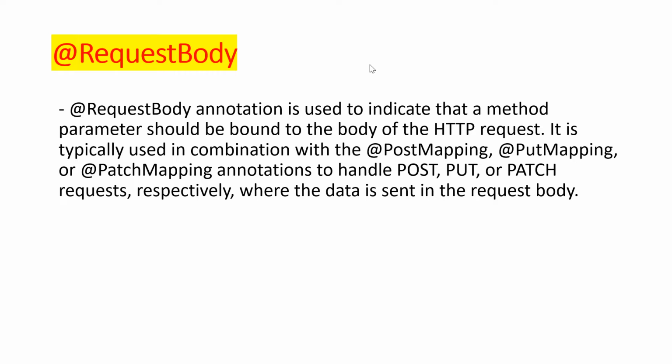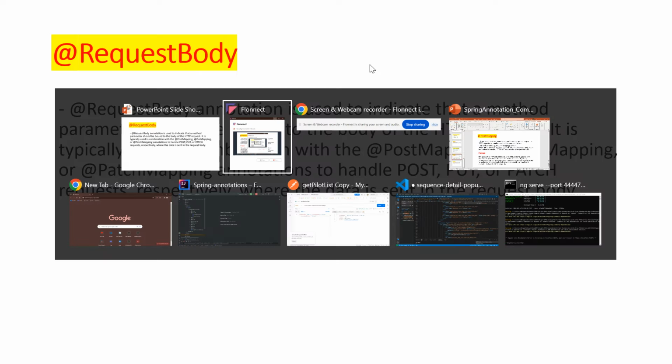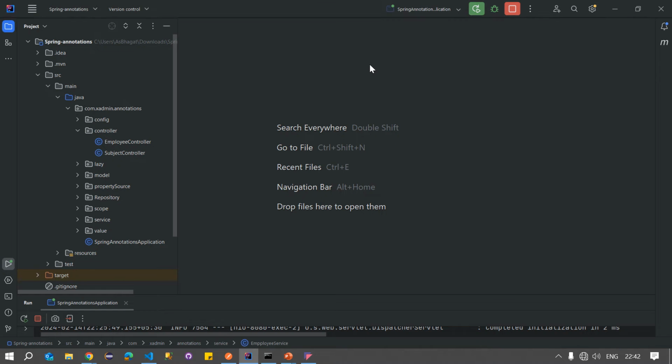So by seeing the example, we can understand more how to use @PostMapping and @RequestBody in your project. So let's move to IntelliJ. Here we have one Spring Boot project.